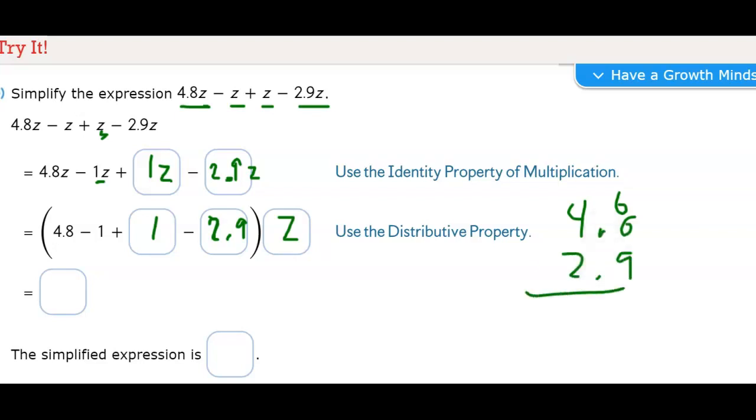I'm going to write that over here. Subtract. You have to regroup. 18 minus 9 is 9. 3 minus 2 is 1. And then we have 1 9/10 times z. The simplified expression would be 1 9/10 times z. And that's it.